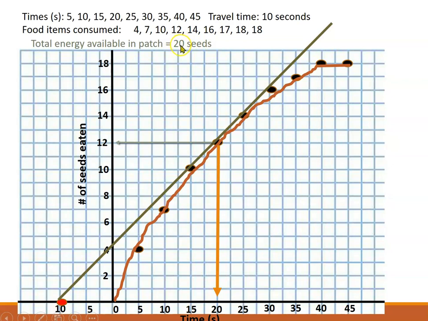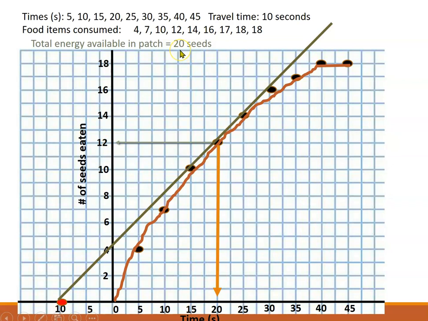In this example, I'm going to say there were 20 seeds in the feeder. There were 20 total seeds in the feeder. And so we can use this number, this total energy that's available, and subtract this number of seeds, 12, because that's when this animal is going to start experiencing those diminishing returns.